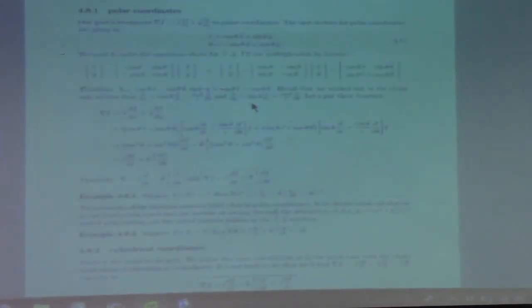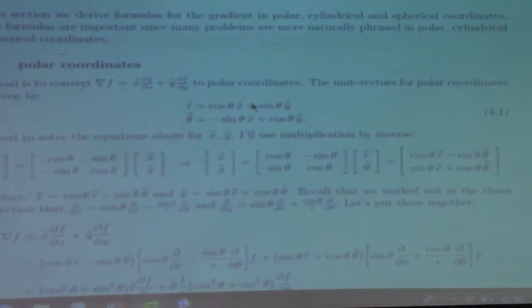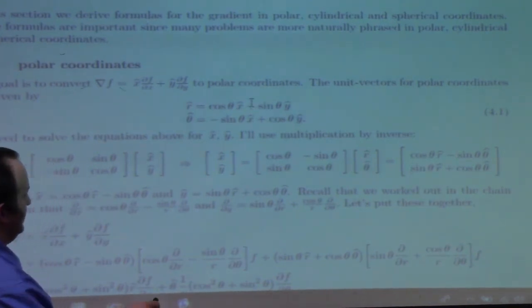So guys, the section in the notes where I talk about the gradient in non-Cartesian variables, it's at the very end of the chapter. It's the last section, basically page 220 to 222. We actually just worked through this stuff more or less.